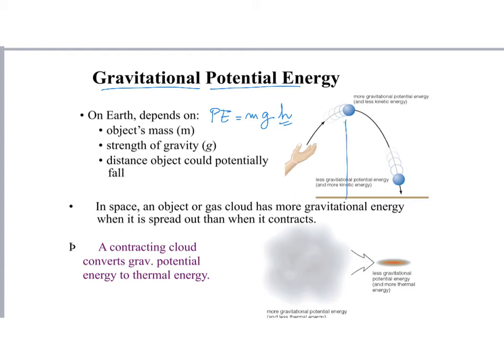So this would be h, and you can see that's another h, smaller, and that would be 0. H is 0 on the ground. So here there is a lot of gravitational potential. Here, much less.